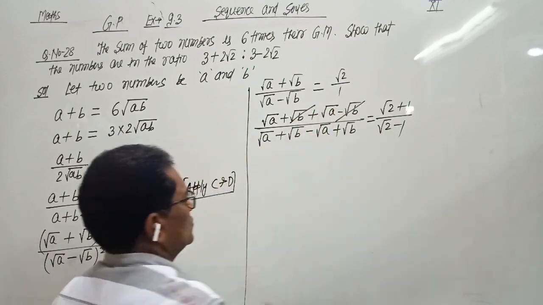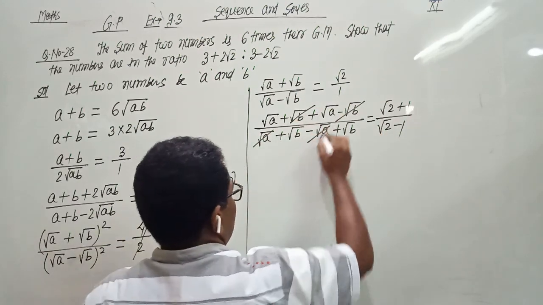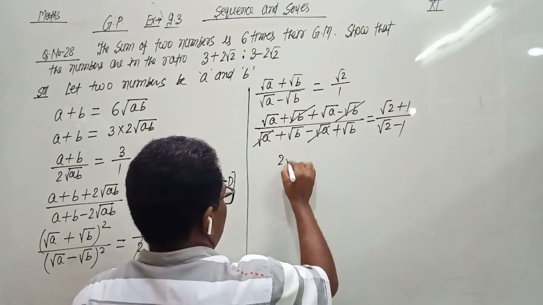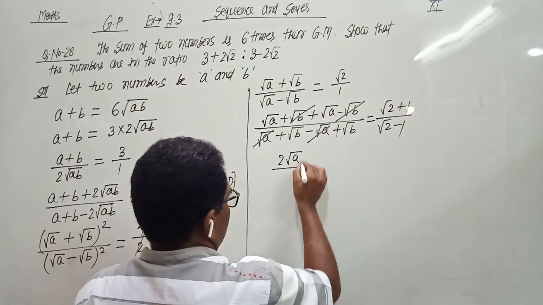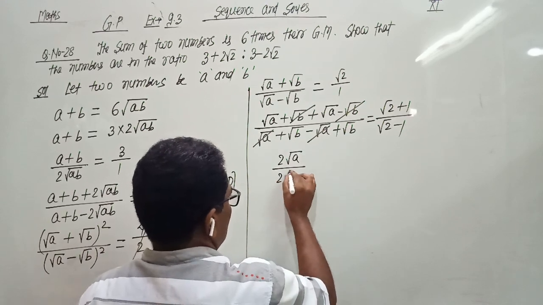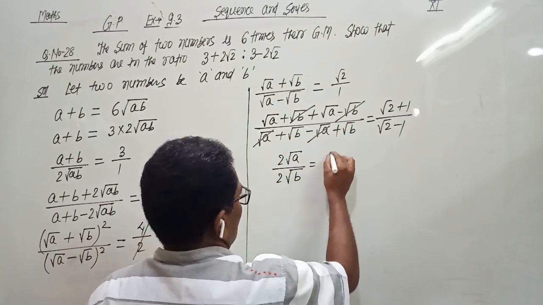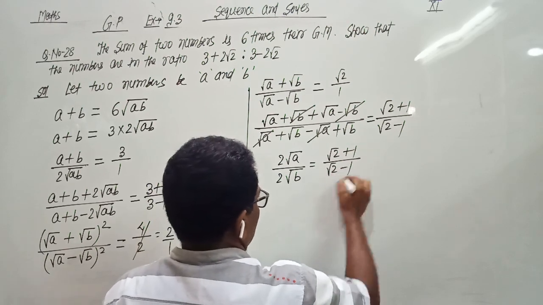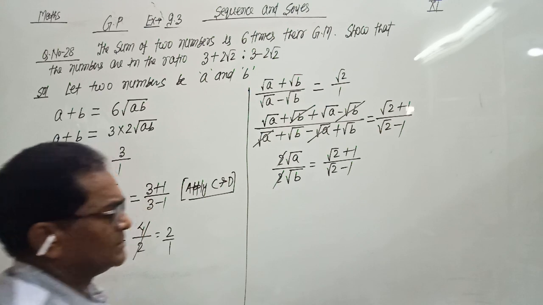Minus root B plus root B cancel, plus root A minus root A cancel, and root A plus root A, we get 2 root A. In the denominator, we get 2 root B equals root 2 plus 1 upon root 2 minus 1. 2 and 2 get cancelled.